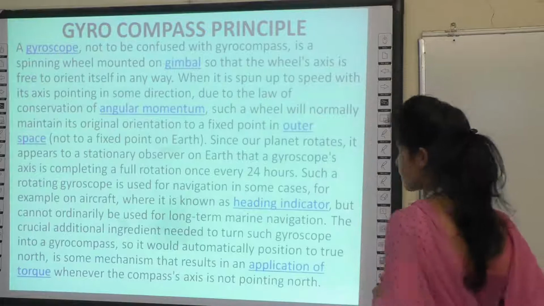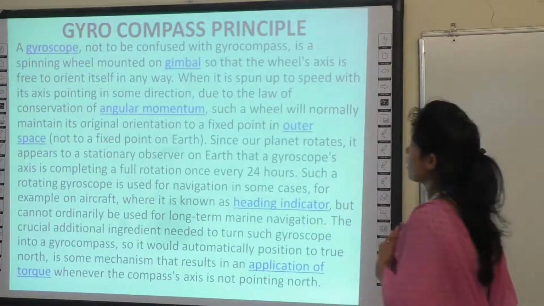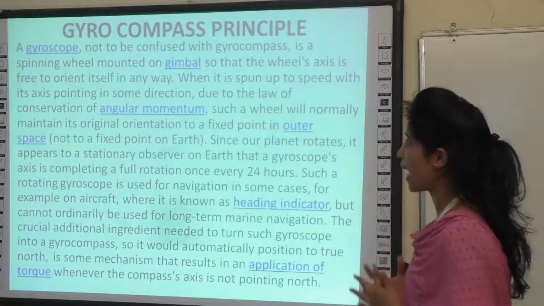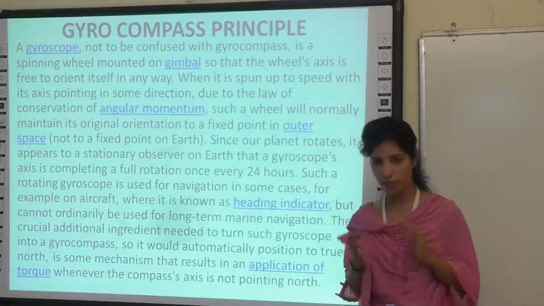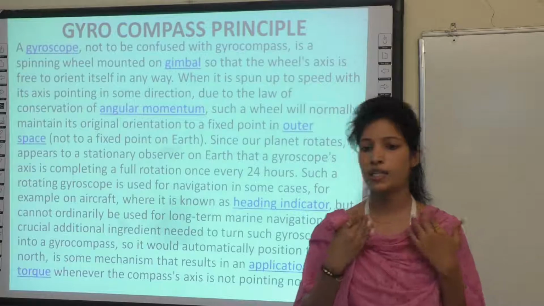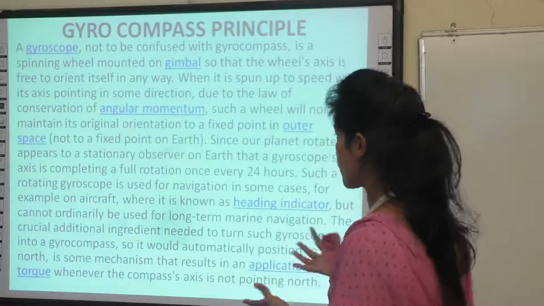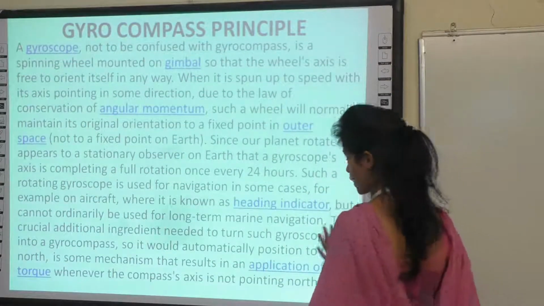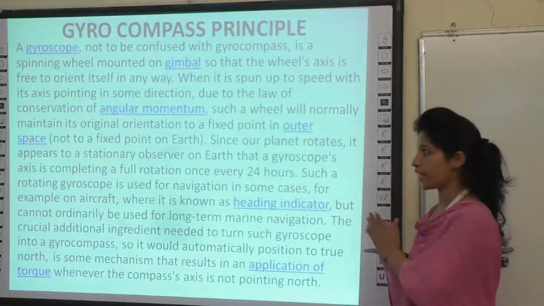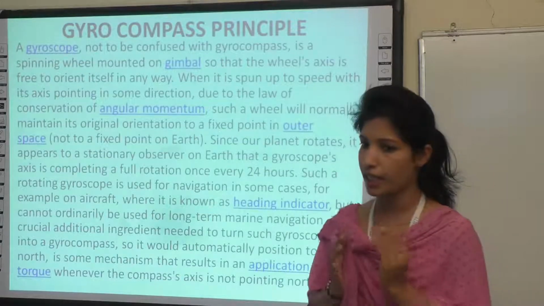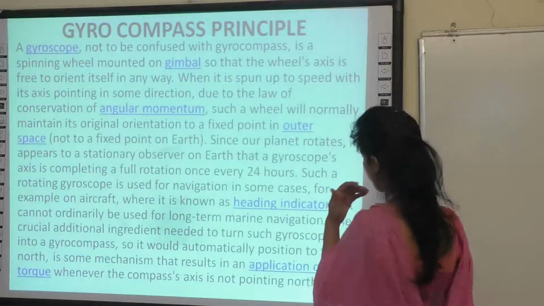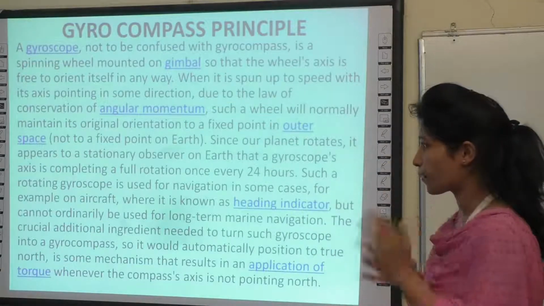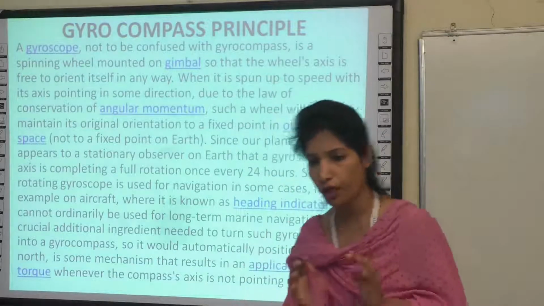When it is spun up to speed, the axis keeps pointing in the same direction due to the law of conservation of angular momentum, so it maintains its original orientation relative to a fixed point in outer space. Since our planet rotates, it appears to a stationary observer that the gyroscope axis completes a full rotation every 24 hours.